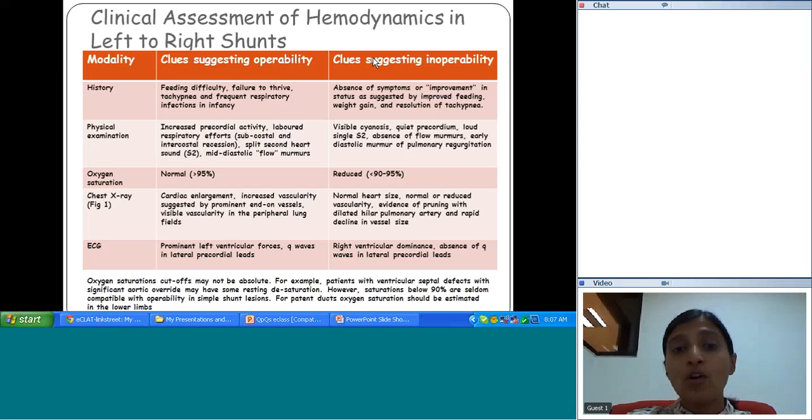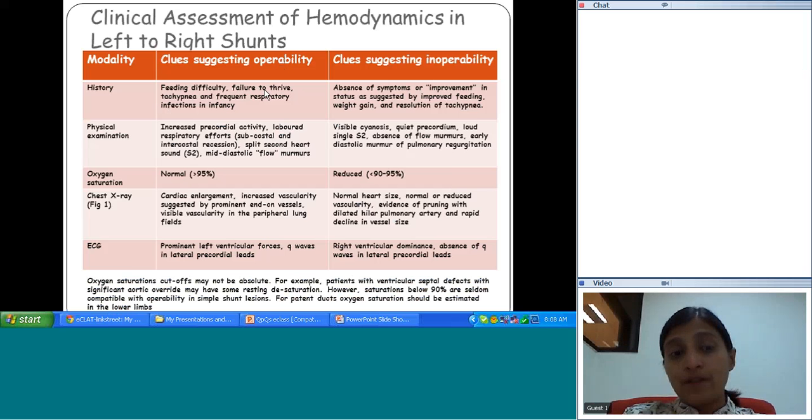Now if the patient gives a history that there were initial symptoms but there was subsequent improvement of the symptoms, it implies one of two things: one, pulmonary vascular disease, or two, perhaps some pulmonary stenosis that has developed either in the form of double-chambered right ventricle, or maybe there was some pulmonary valve abnormality which was not detected earlier, which has progressed. Okay, but from the history you get some information about the operability of the patient.